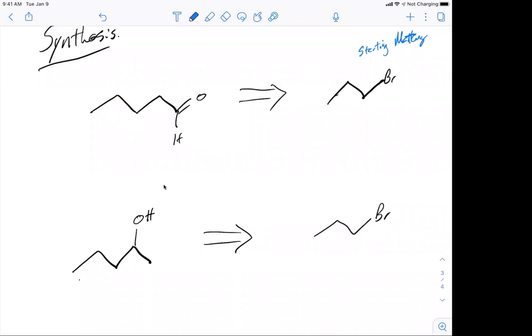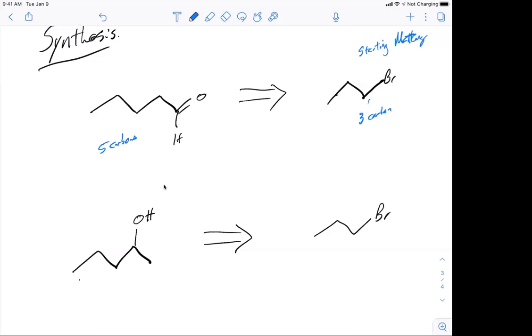Okay, so if we look here, we have 3 carbons, right? Here I have 5 carbons. So I know I'm going to be adding 2 carbons, right? Those 3 carbons could actually be almost anywhere.